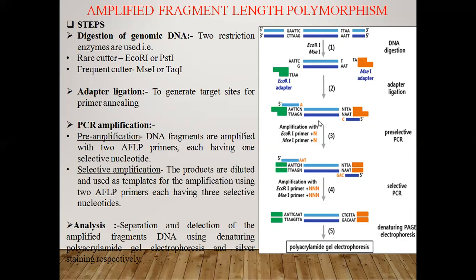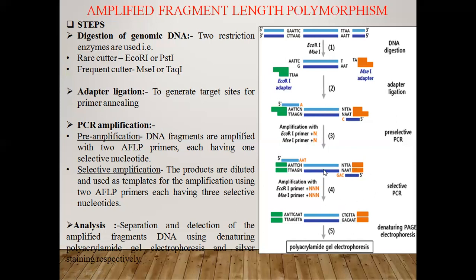First is the pre-amplification. The DNA fragments are amplified with two AFLP primers, each having one selective nucleotide. As you can see in this picture, the amplification is with the EcoRI primer plus one extra nucleotide base, and the MseI primer plus one extra nucleotide base. Then selective amplification is carried out after these primers bind.